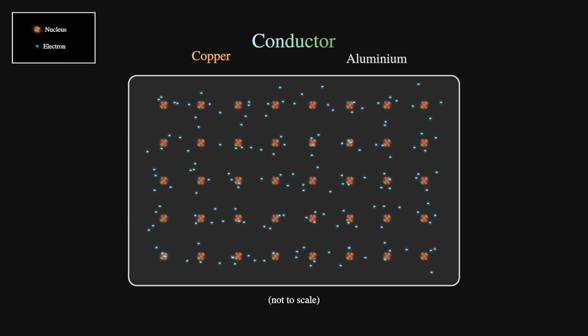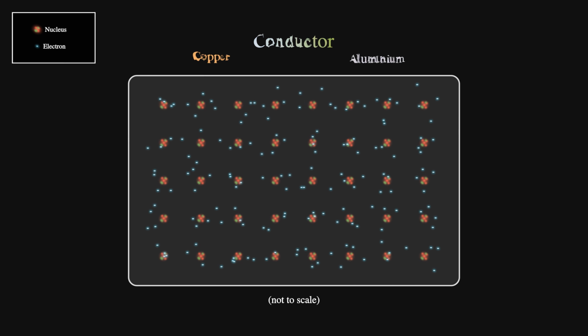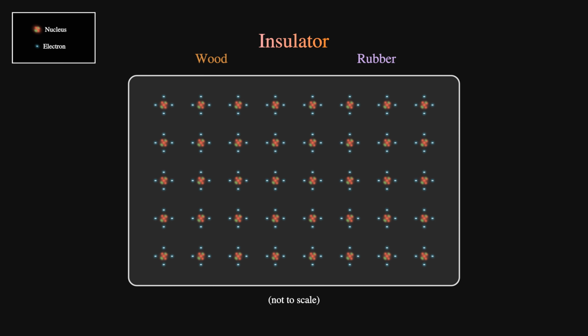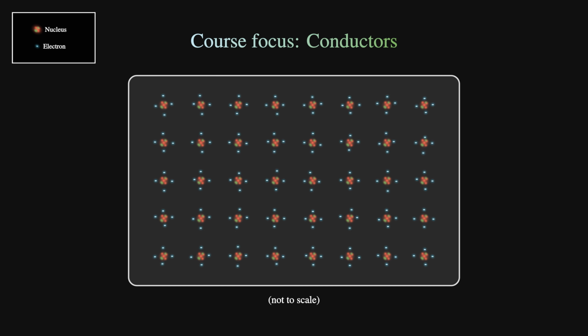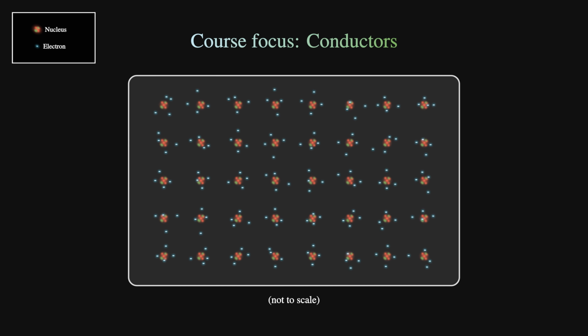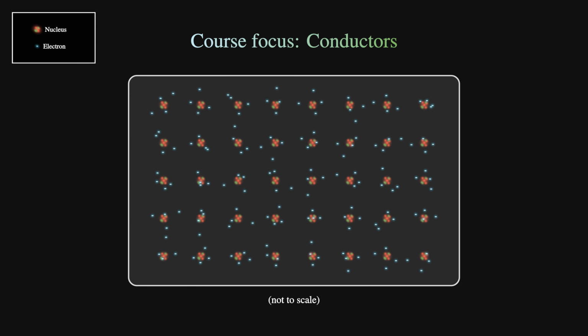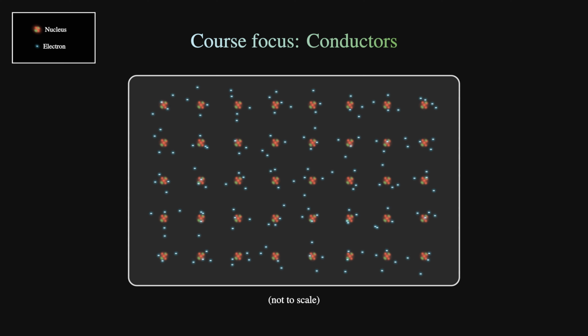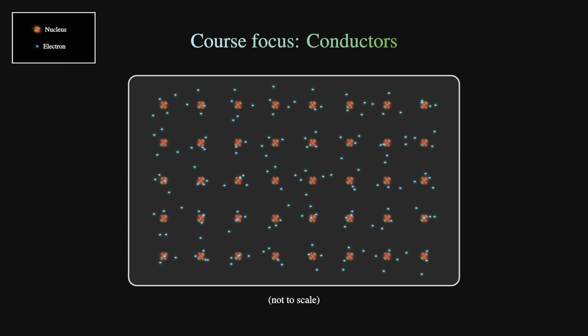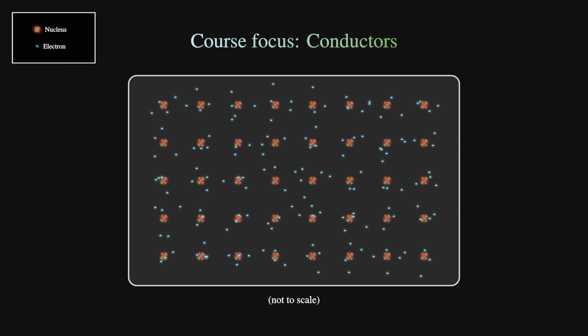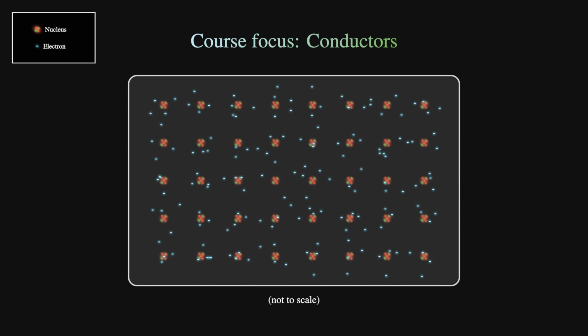Examples of conductors include copper and aluminium, while insulators include things like wood or rubber. In this course, we'll mostly focus on conductors, where we can clearly observe and manipulate the movement of charge. Don't worry about why some materials conduct and others don't. That's a deeper question tied to quantum physics, and not something we'll go into just yet.